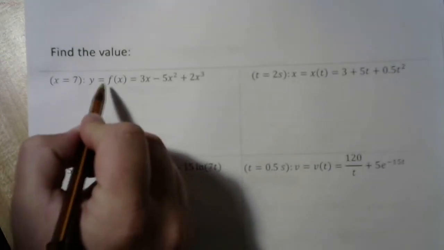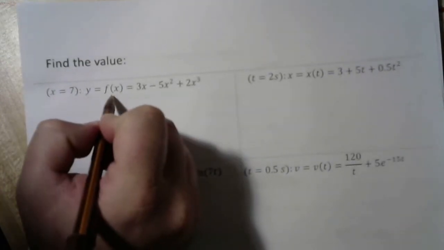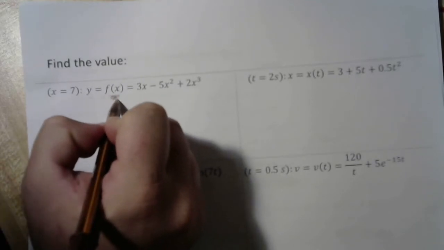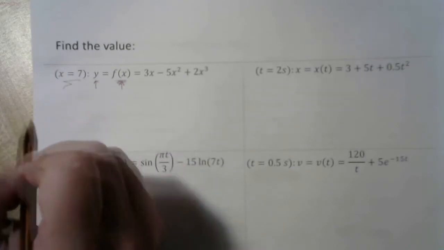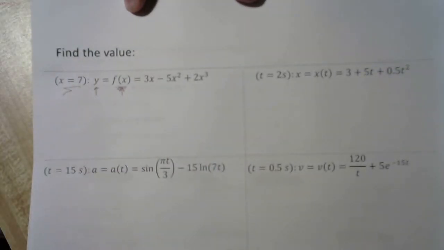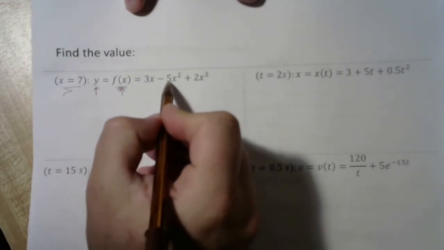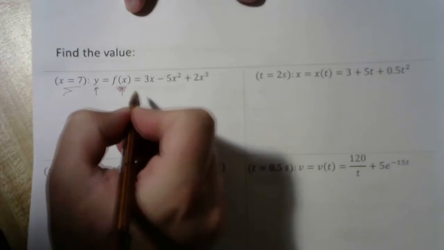What if I have a function f of x is equal to y, and I need to find the value of this f of x or y at x equals 7? The function is 3x minus 5x squared plus 2x cubed. It is easy.